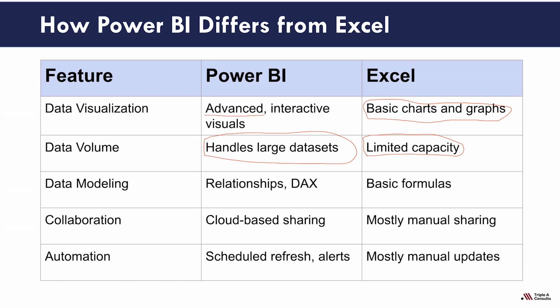Excel has about, is it up to 1 million rows, 1,048,000 rows max that it can take, and that's the limit. But Power BI allows for more rows, several millions of rows that it can handle for such kind of data set.